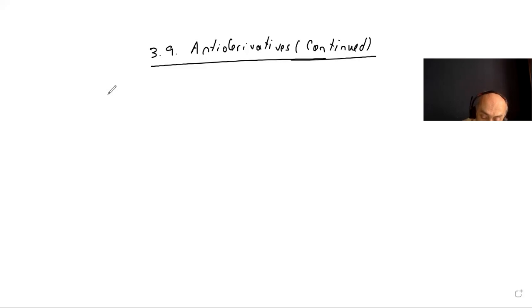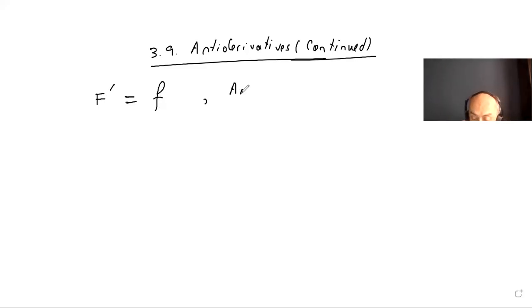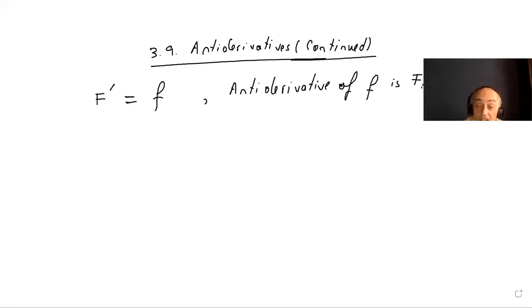It's very easy to understand. If I say that capital F prime equals lowercase f, so the derivative of capital F is lowercase f, then I can say in words that the antiderivative of lowercase f is capital F.